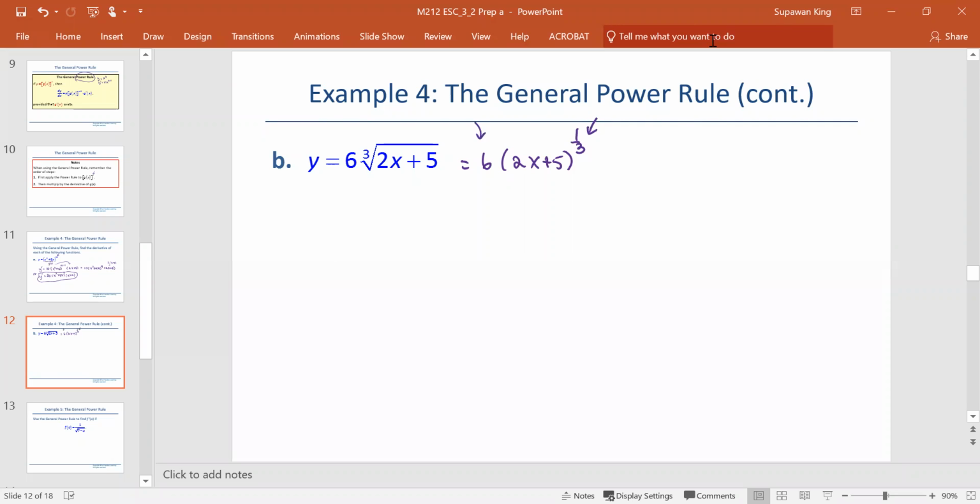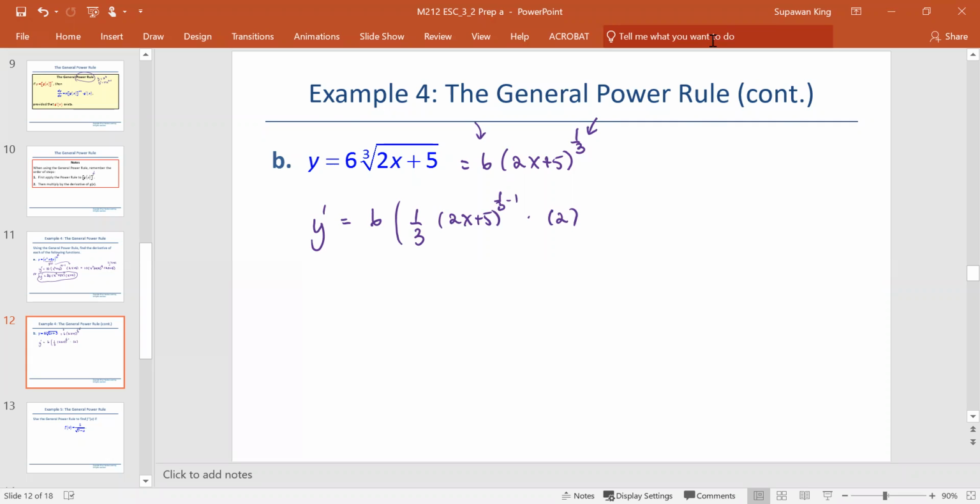Be careful with the constant multiple. So y prime, or dy/dx, the constant multiple doesn't change. So multiply by the power, which is 1/3, and then multiply by (2x plus 5) raised to the power 1/3 minus 1. Multiply by the derivative of 2x plus 5, which is 2.